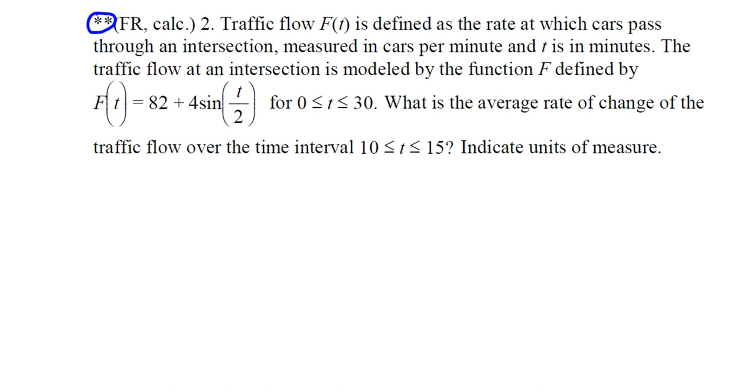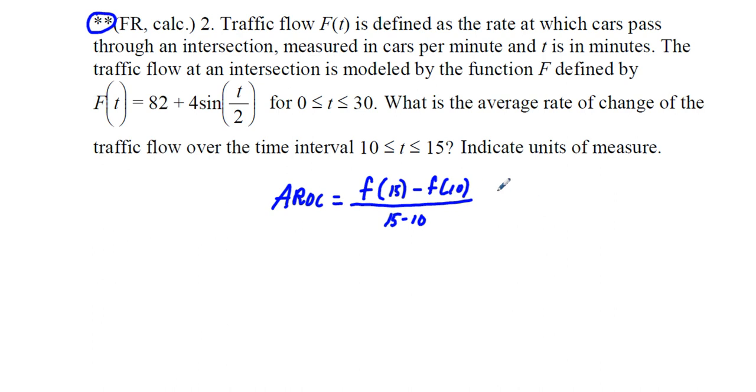So for that, I'm going to articulate it here below first. Our average rate of change is going to be equal to f of 15 minus f of 10 over 15 minus 10.